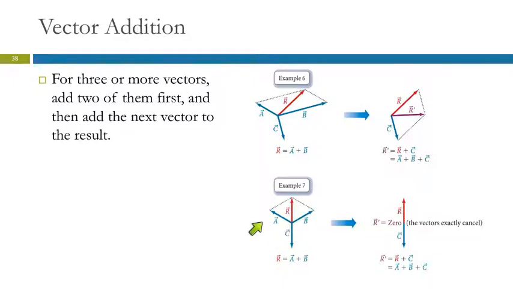So if we add the first 2, A and B, we get R, and then we add R to C, and they are going in opposite directions, and they're equal in magnitude, and these things cancel out. When we have symmetry and equal lengths of the vectors, they're going to add up to 0. Any questions?